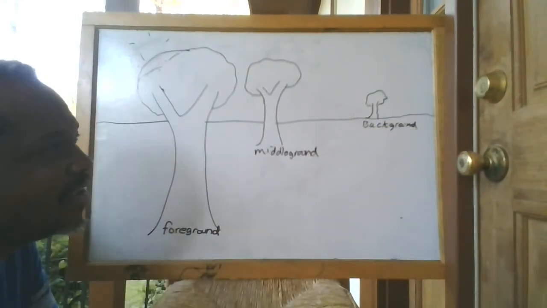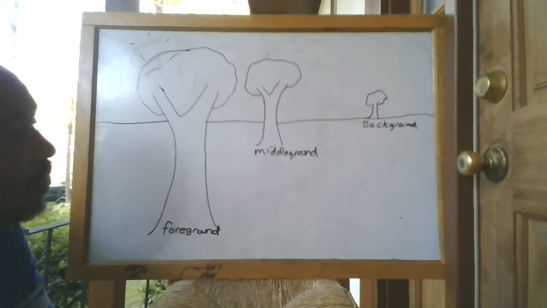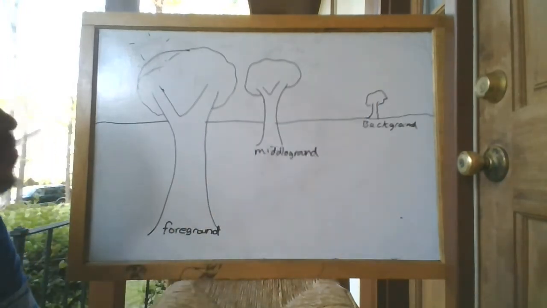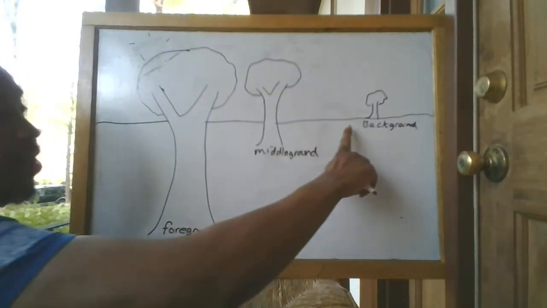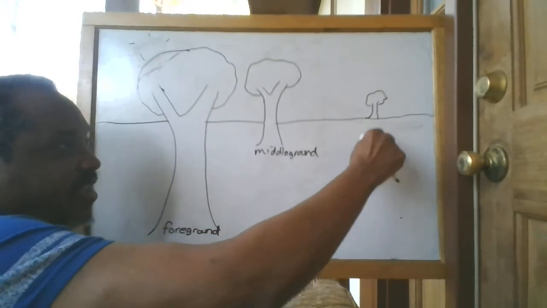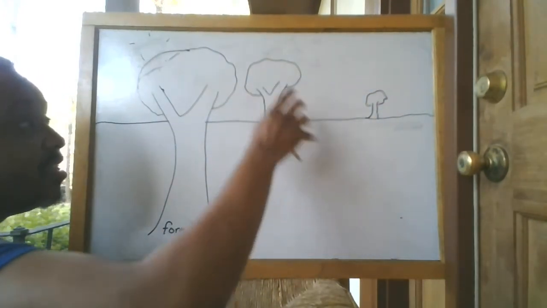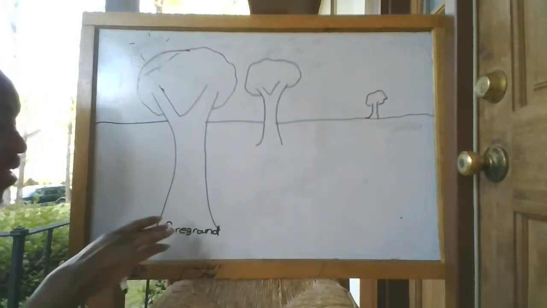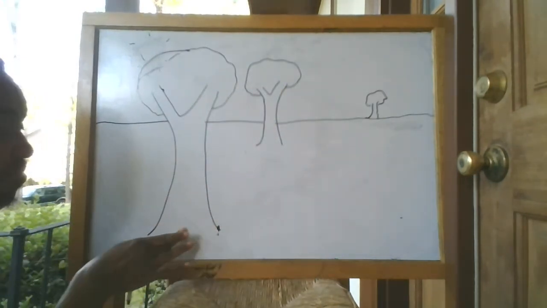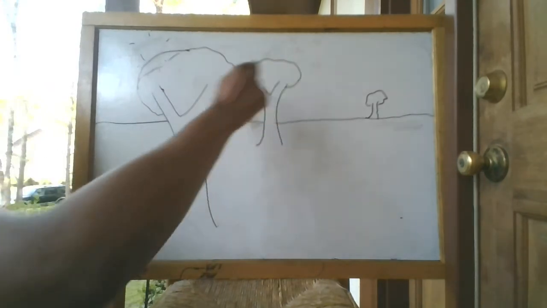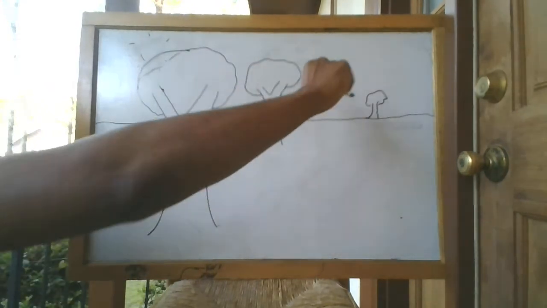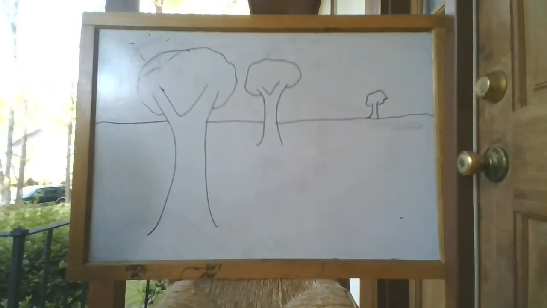You see that? That's the background. It's tiny and near the top. The middle ground is medium and in the middle. And the foreground is big and at the bottom. Foreground, middle ground, background. And each tree, it's kind of like that.